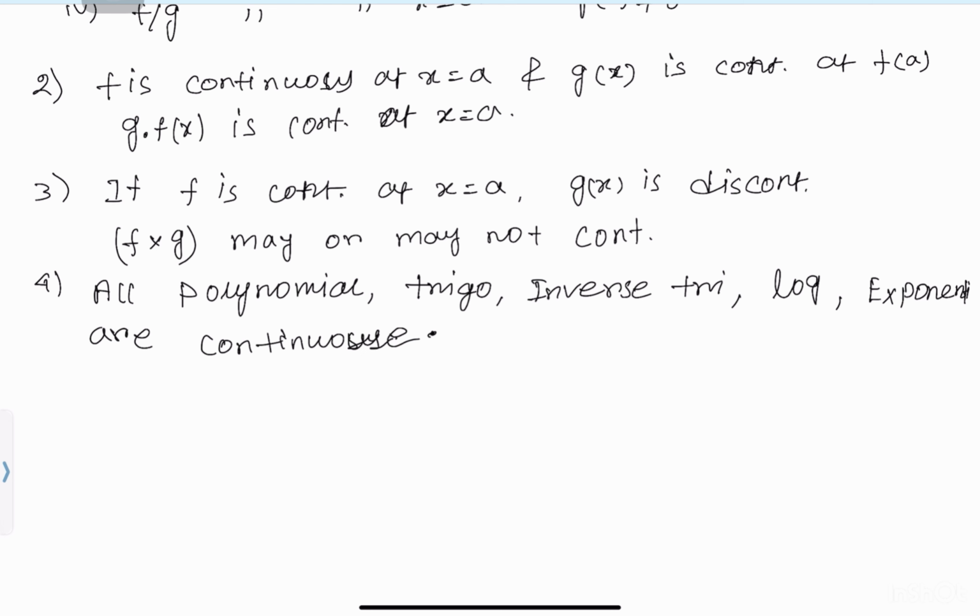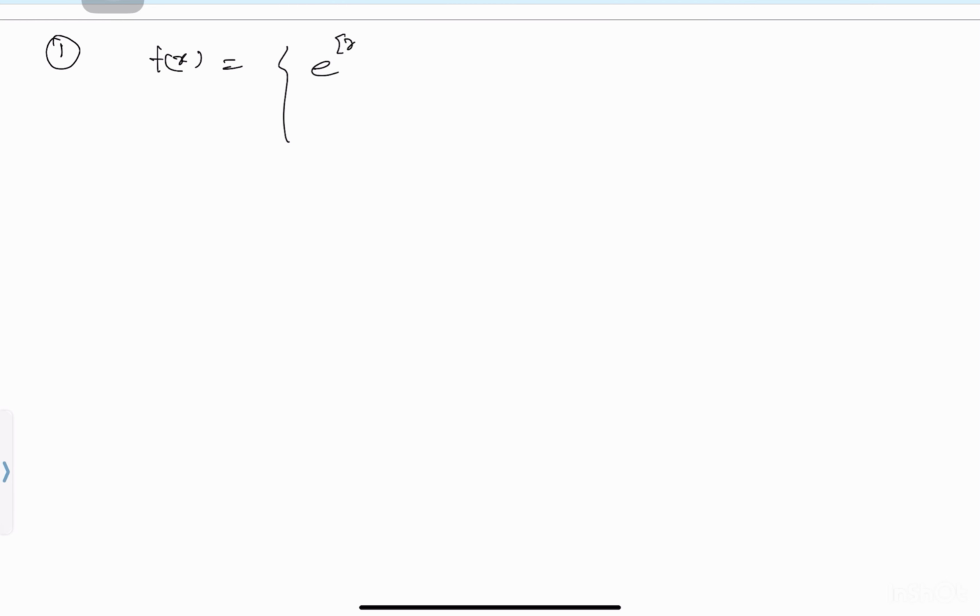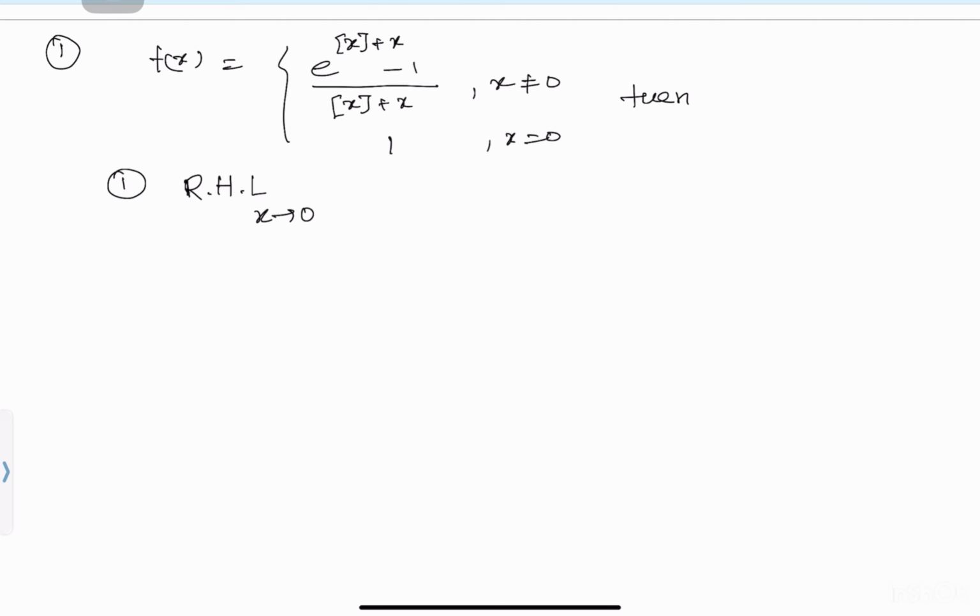Some problems based on it. First problem: f of x equal to e to the power cos x plus x minus 1 divided by cos x plus x for x not equal to 0, and 1 for x equal to 0. Then check the options. First one: the right hand limit at x tending to 0 is equal to minus 1.